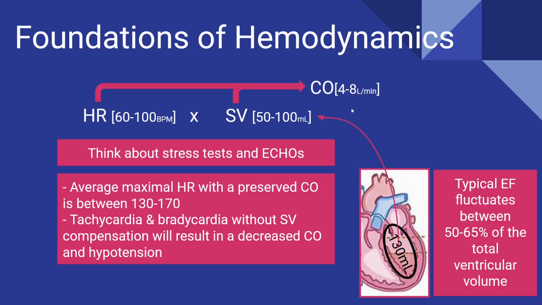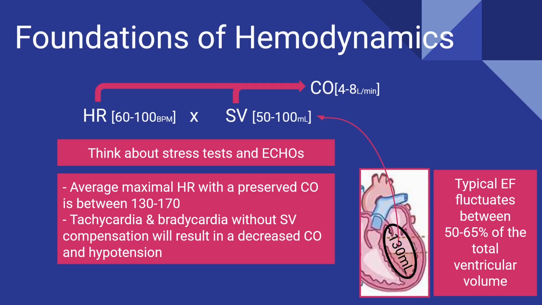And whenever your cardiac output is low, usually you have hypotension. Right? This is how much blood is released. If that's lower, then you have less blood, and therefore you have hypotension. And here's a little fact for you. The most your heart rate can be before you start losing your cardiac output, before you start losing your blood pressure, is between 130 and 170.